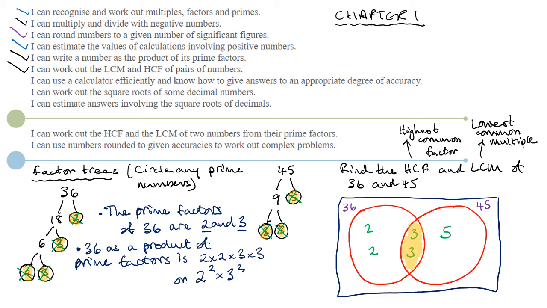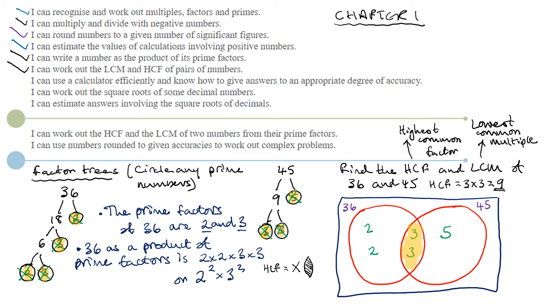So let's write down here, HCF equals, well, you multiply all the numbers you see in this overlap part of the diagram. So in this example, the HCF of 36 and 45 is going to be 3 times 3, which is 9. Not 3 times 9, 3 times 3 is 9. So that's the HCF.